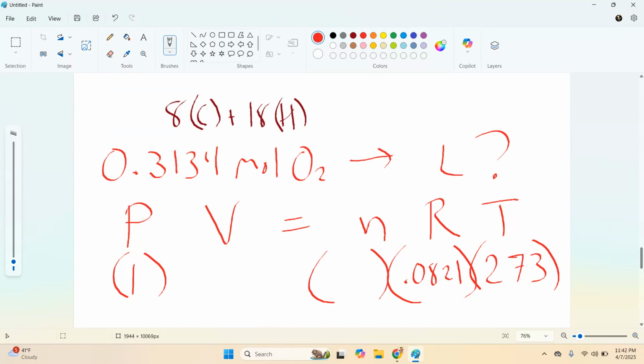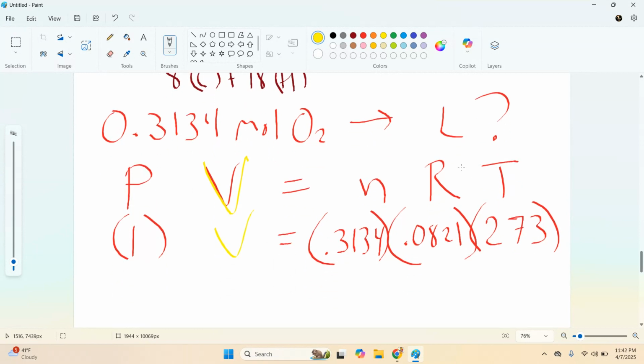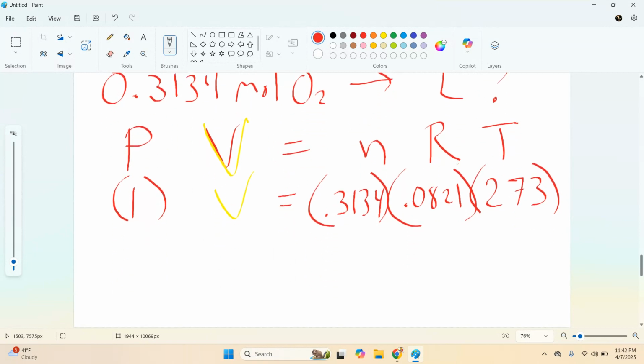We know the number of moles, we just solved for it: 0.3134. And we're trying to find the volume. Well, you just divide both sides by 1, which is basically doing nothing. So the volume is equal to 0.3134 times 0.0821 times 273.